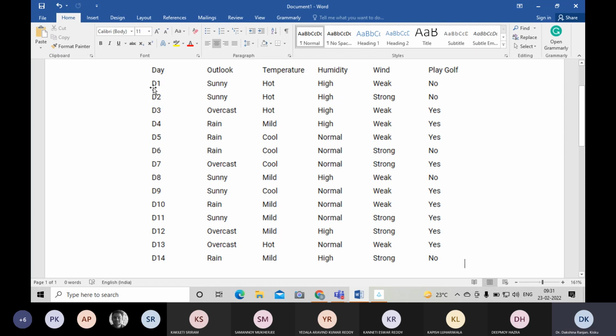Based on the combination of these feature values, we will decide whether we will play golf or not. Since the weather of 14 consecutive days is given, based on these attributes and their corresponding attribute values, we will find the combination, and for a particular day we can decide whether we can play golf or not.